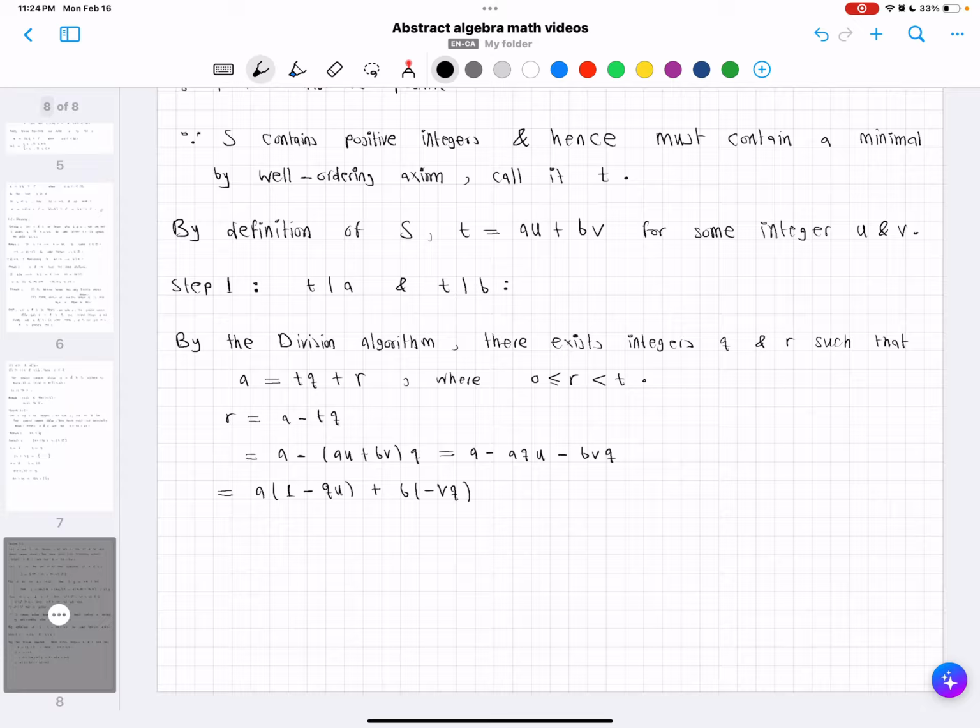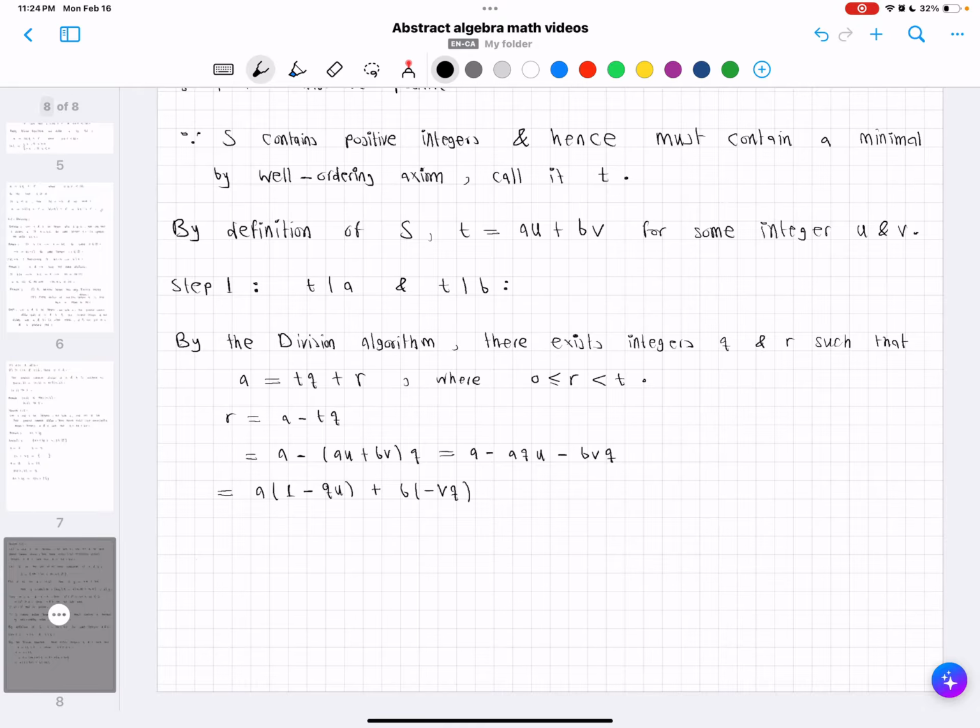As we can see, r is also a linear combination of a and b, so r must also be in S. But T is the least positive element inside of S, so r must be 0, because otherwise that would contradict the well-ordering axiom.